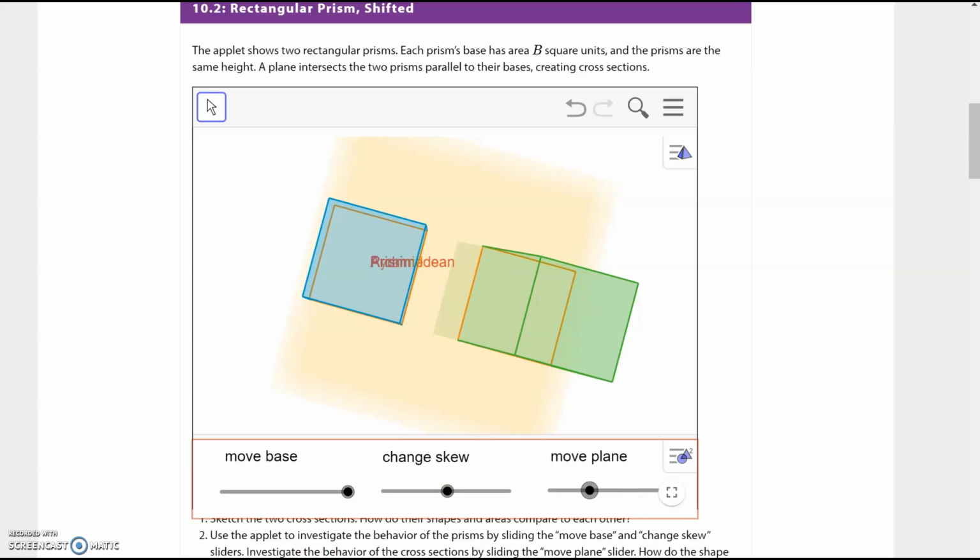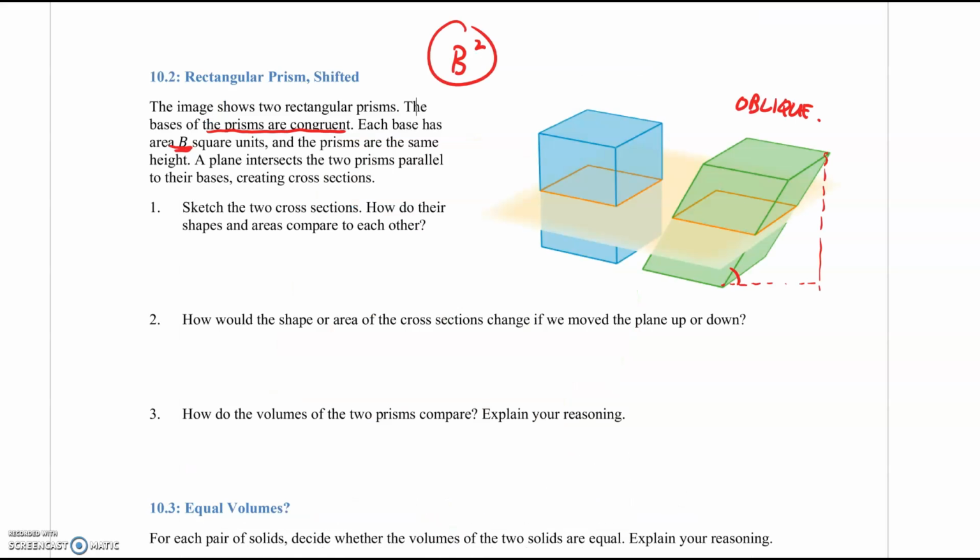They just move. So to answer this question, the blue one looks like a rectangle with an area of b squared. And this green one also is a rectangle, same thing, b squared, and they are congruent.